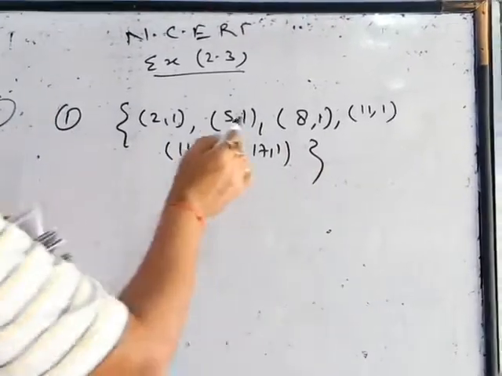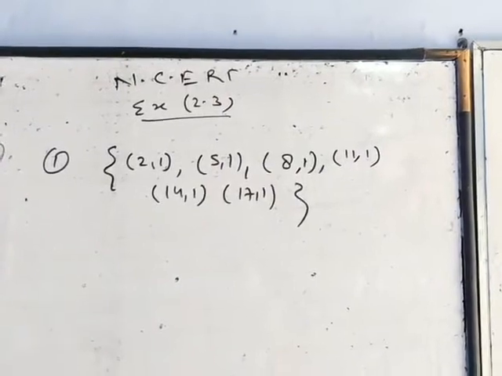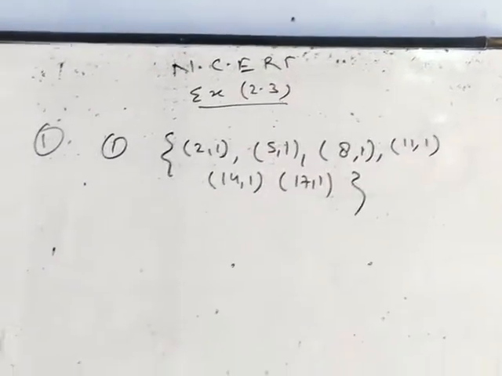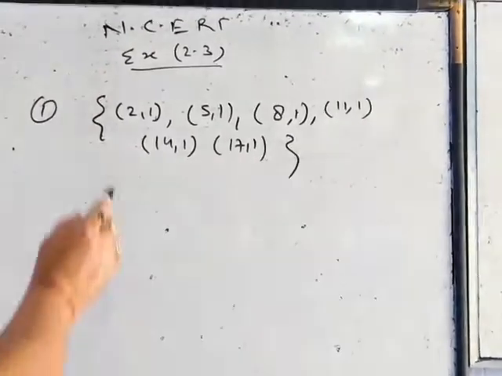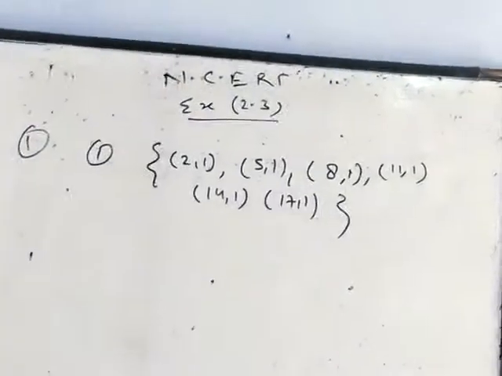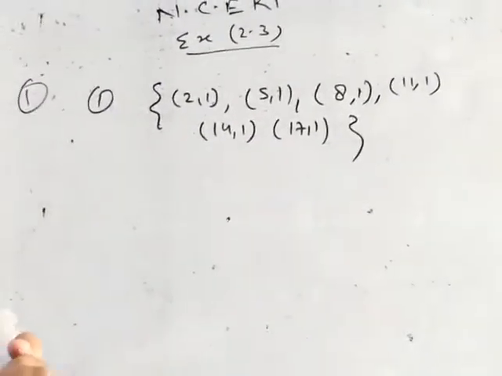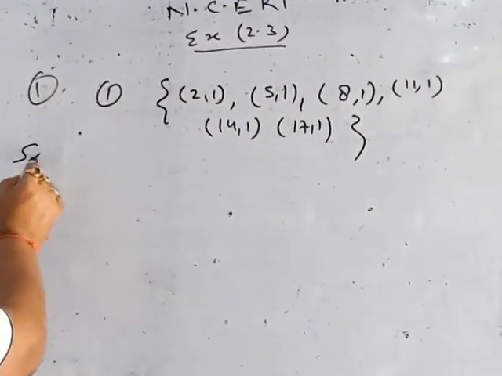These are the elements of this function. Now we have to show, is it a function? We have to clarify whether this problem is a function or a relation. So we will show by picture solution.